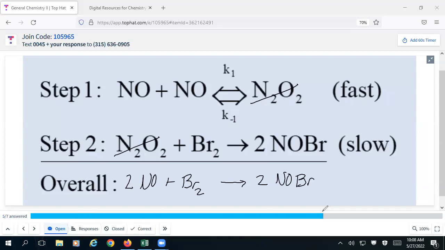Now, the second part here, we have to focus on that slow step. So the slow step here tells us that our rate should be equal to the value of K2, whatever it is, multiplied by N2O2, multiplied by bromine.